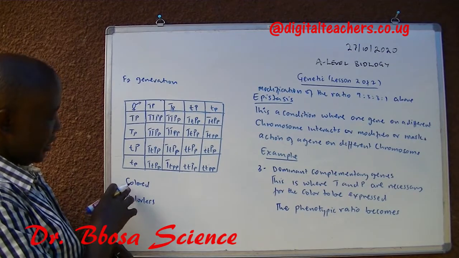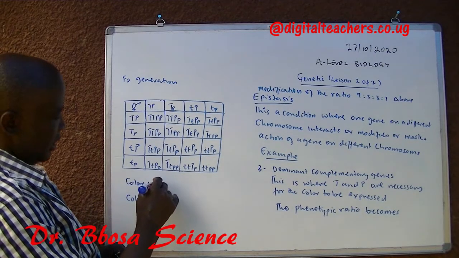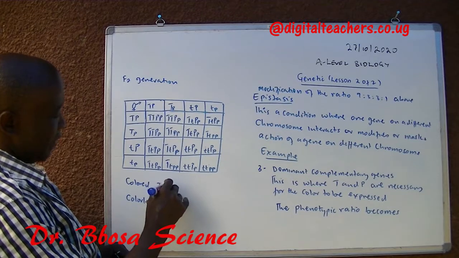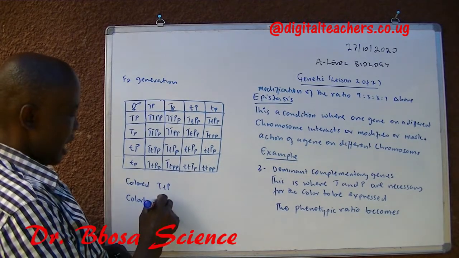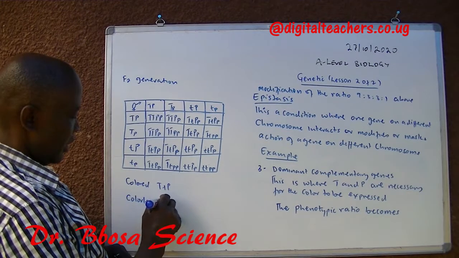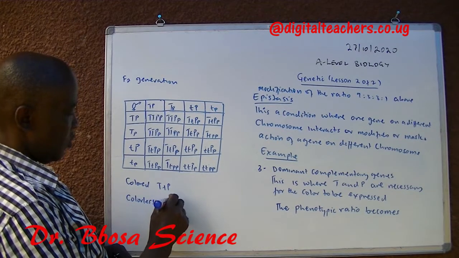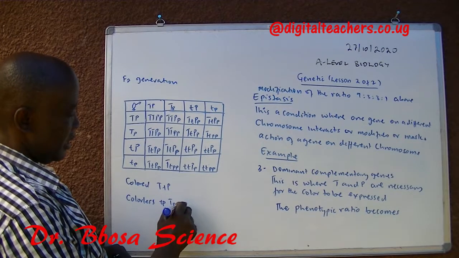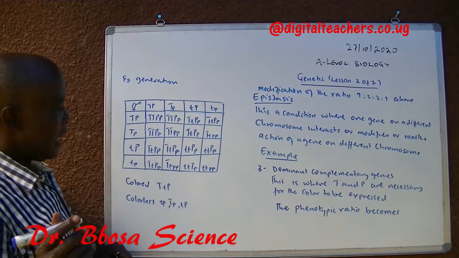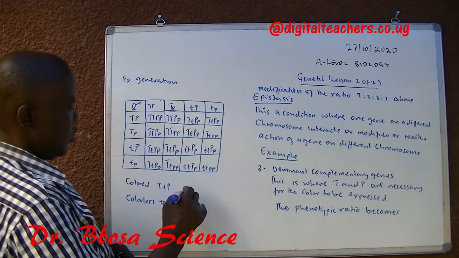As long as capital T plus capital P are present, they are colored. Either capital T small p, or small t capital P, or small t small p, will be colorless.